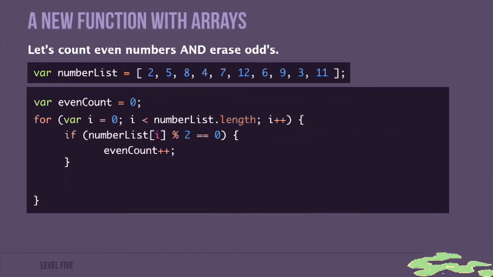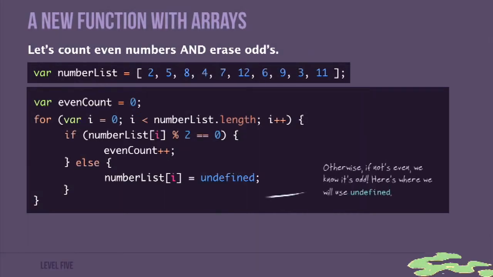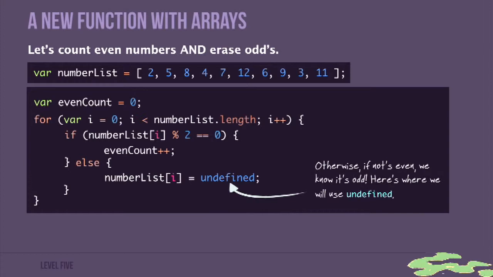An odd number. And so we should erase that number. How do we do that? Well, we say that numberList[i], in other words, the value at the current index, should be undefined. And once we have done that, that value is no longer there. At the end of this code, we could also log out the current even count, and that would be 5.